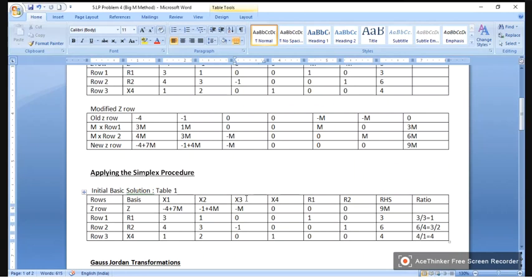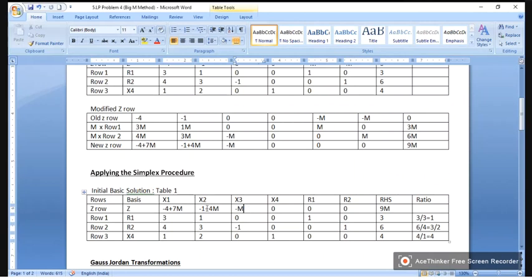Now check the coefficients. For x1, the coefficient is minus 4 plus 7m. For x2, minus 1 plus 4m. For x3, minus 3. Out of these, which coefficient is more positive? x1. M is very big.